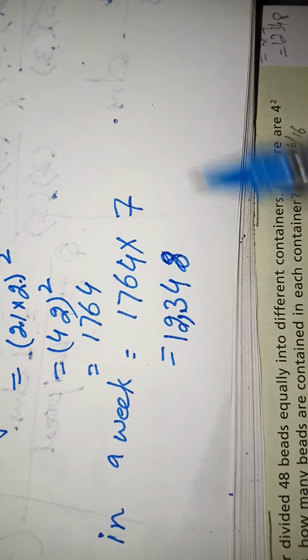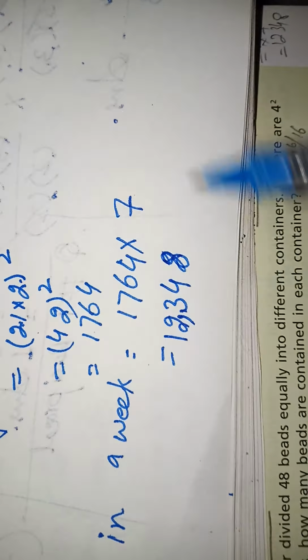They are 48 beads. And how many containers? The number of containers is 4 raised to power 2.